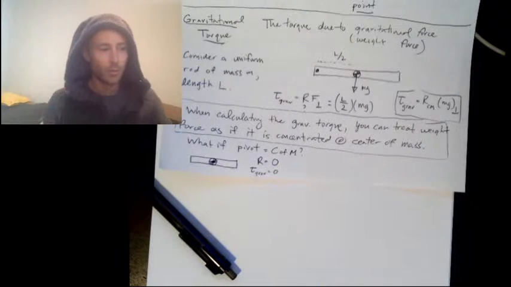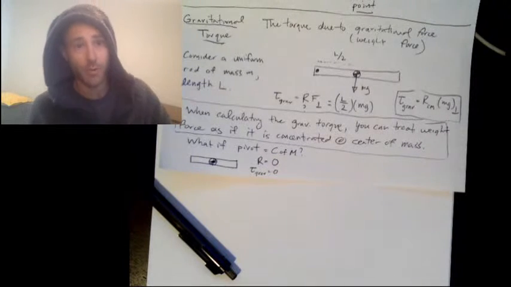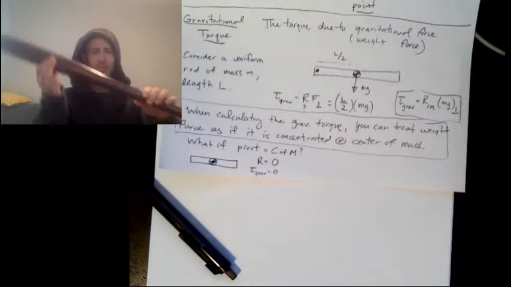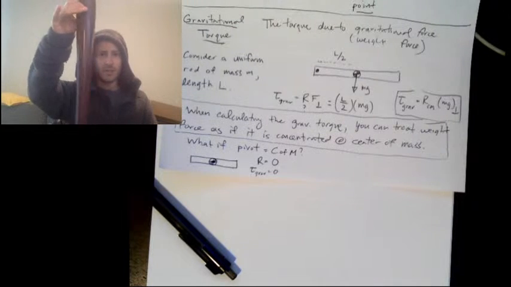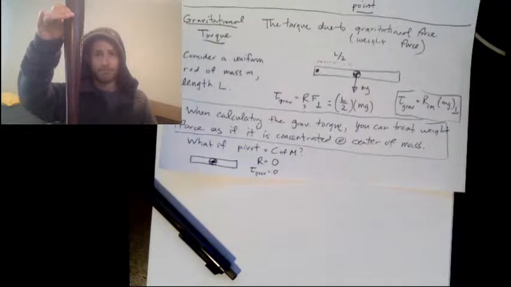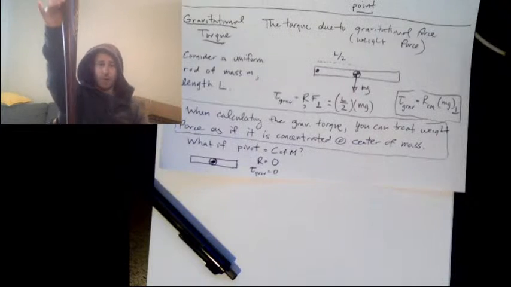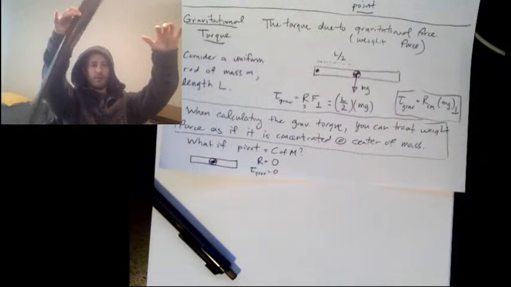Which leads me to my next point, which is when does the object stop rotating? And why does it stop rotating? Why does the bat swing vertical?